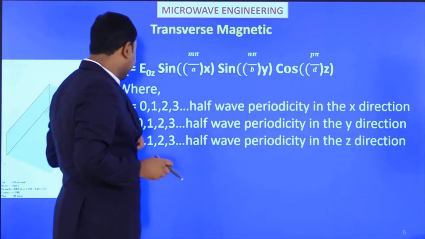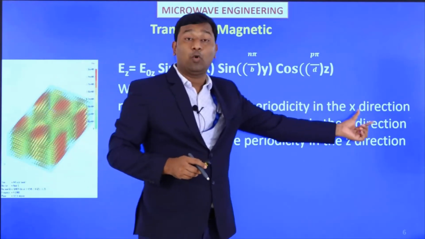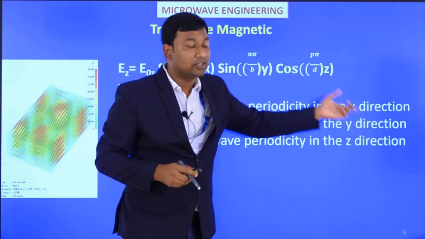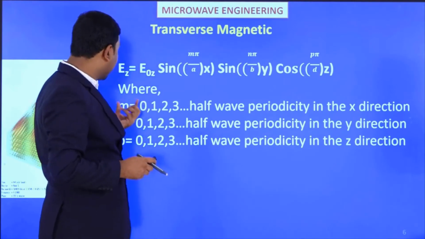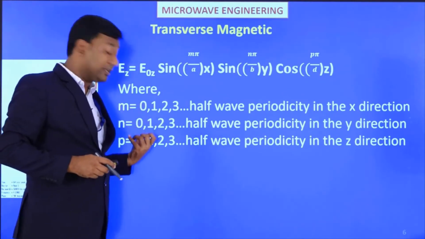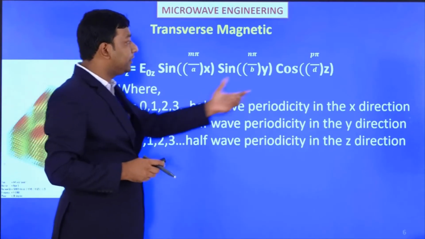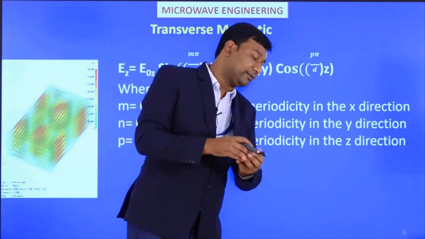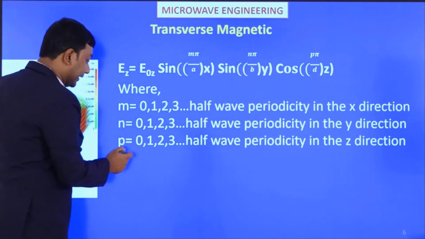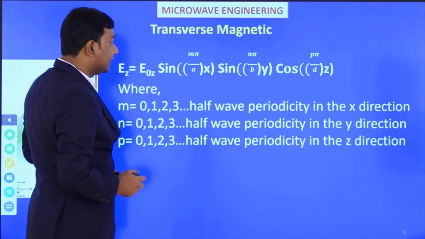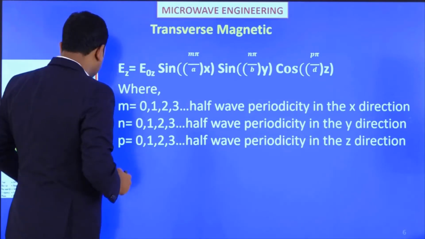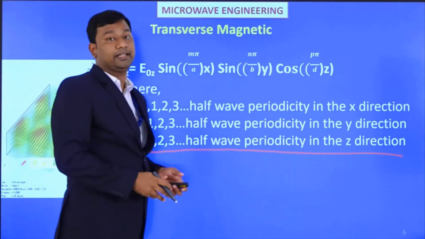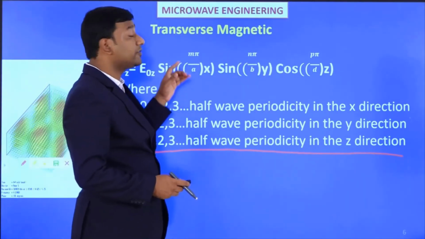Similarly, n is the half-wave periodicity in the y direction, and p is the half-wave periodicity in the z direction. Earlier, in the rectangular waveguide, we had m and n, but the p value was not there; in this case the p value will be there. So this part is added in the rectangular cavity resonator: p is the half-wave periodicity in the z direction. That is the field equation for the transverse magnetic case.